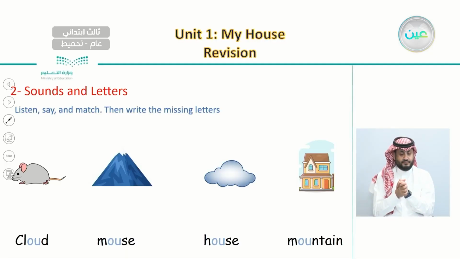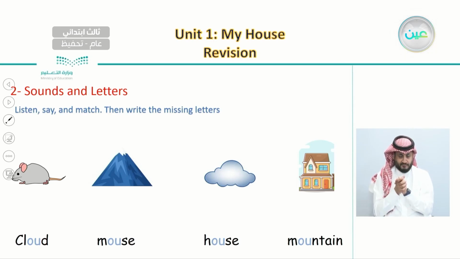So after this, we answered an exercise where we listened to four words: cloud, mouse, house, mountain. All of them have the letters O and U, and they are pronounced as "ow." Like, for example, cloud, mouse, and also house and mountain.